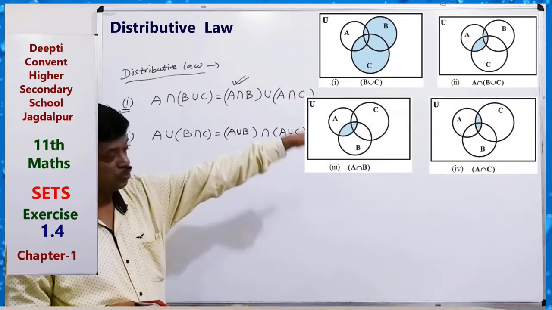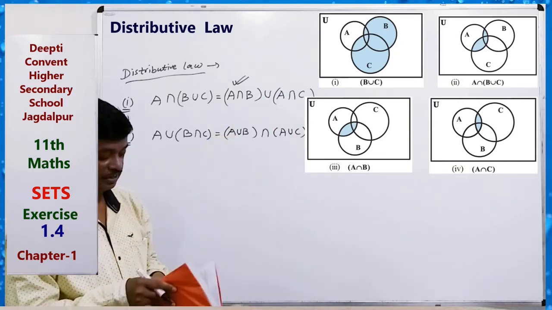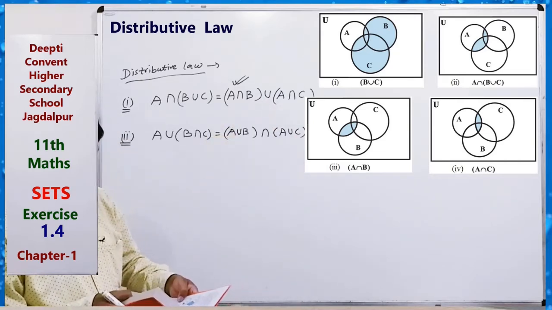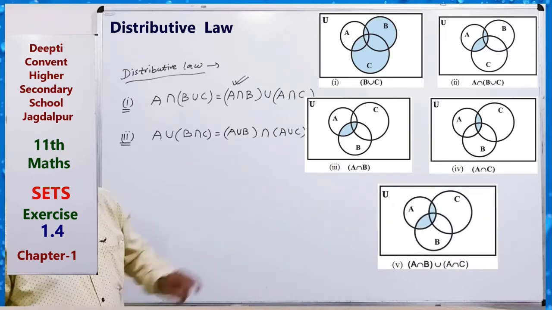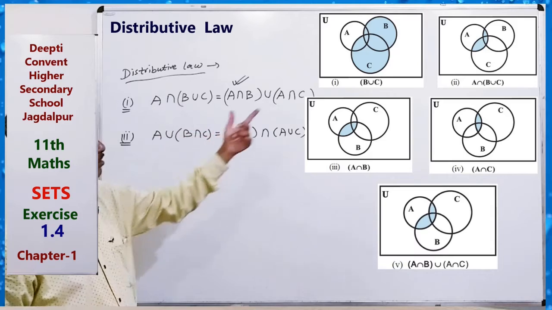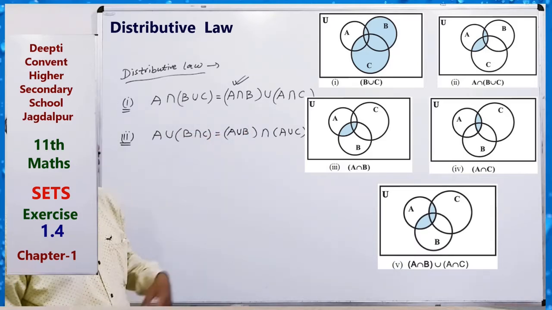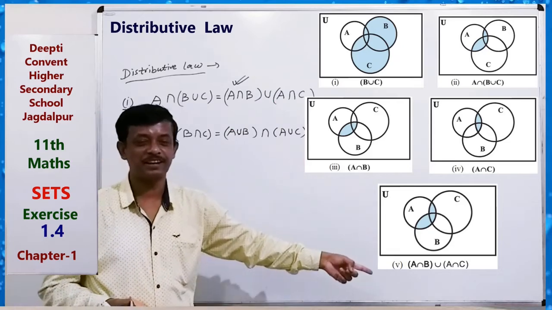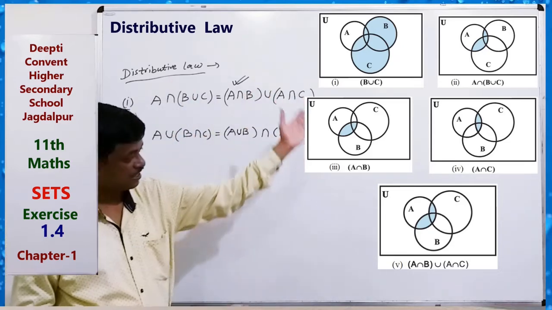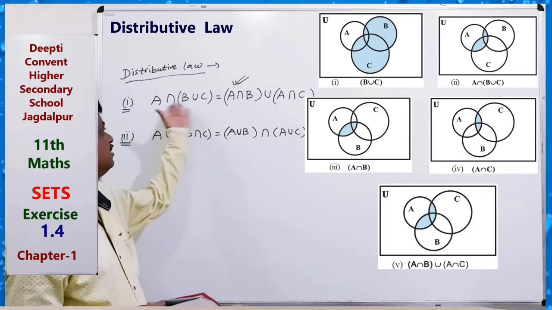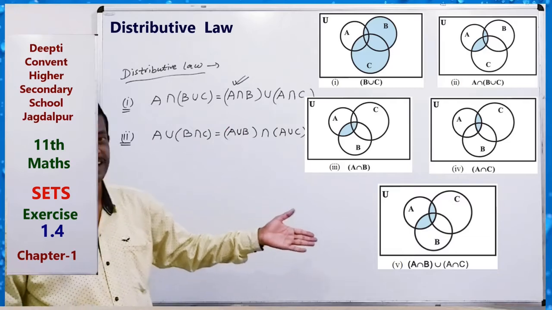If we take the union of the third and fourth, you can see the fifth diagram. The fifth and second diagrams are the same. So by using this Venn diagram technique, you can see this and this have the same shading, so these are equal.